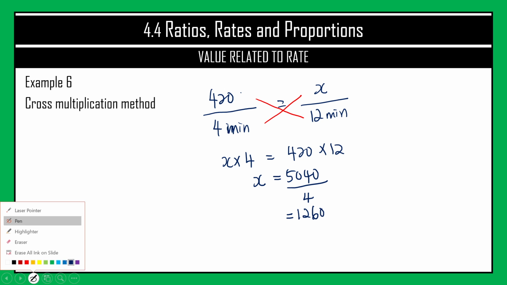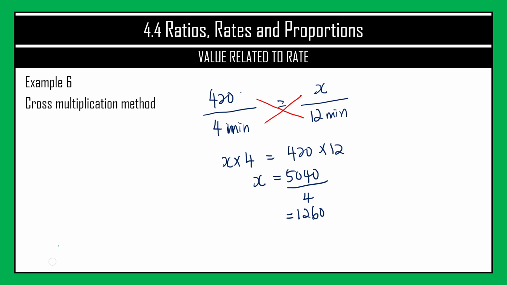You can also do it this way, if you want: put 420 beats multiplied with 12 minutes equivalent to x multiplied with 4. Okay, you can do this as well. Now, why I prefer the method I showed you earlier is because during our working steps, you will have one extra step.